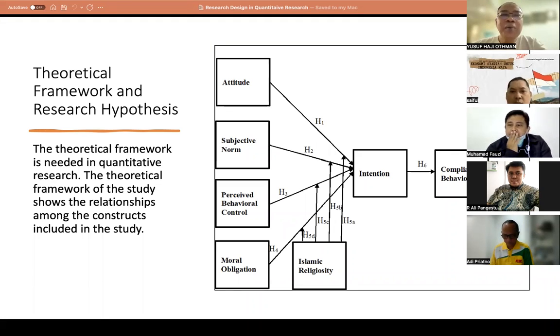So they complement with the qualitative method. So that's why they call it mixed method, yeah? Where they combine quantitative with the qualitative.